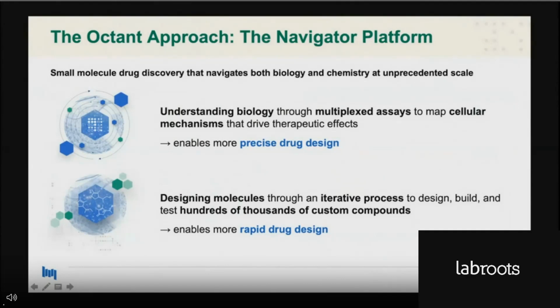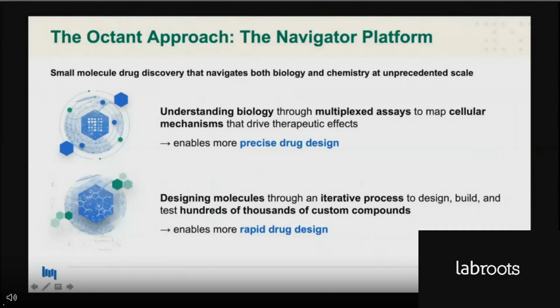And the other part of our platform, which I won't talk about today, is our high-throughput chemistry platform, which allows us to design, iterate, and generate tens of thousands of molecules every week. This rapid iteration allows us to optimize our drug designs more quickly.